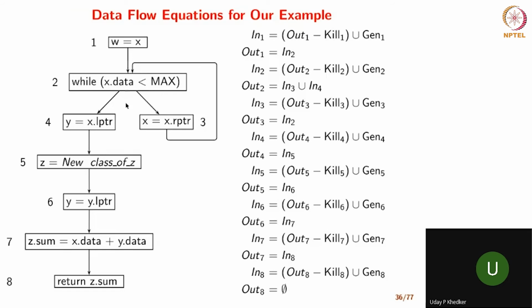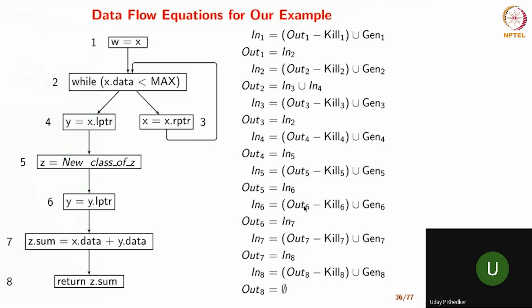The interesting thing is here: at the exit of 2, out of 2 is the union of in 3 and in 4, and out of 3 is the union of in 2. So this is the set of equations. This is a system of simultaneous equations that we need to solve in order to perform data flow analysis of our motivating example.